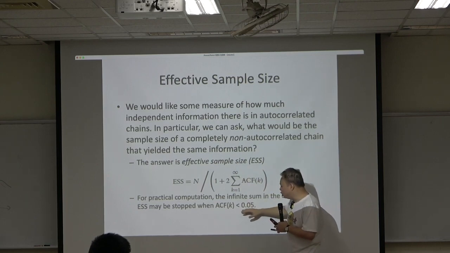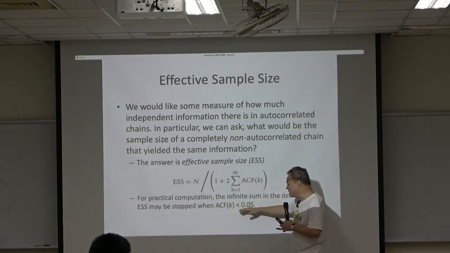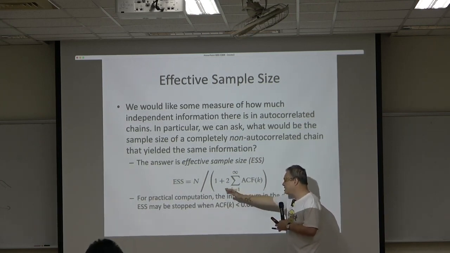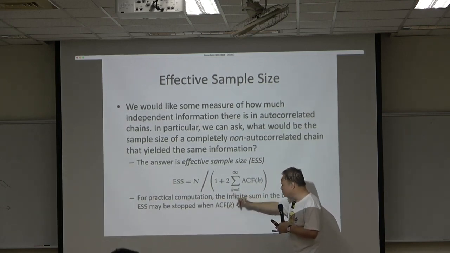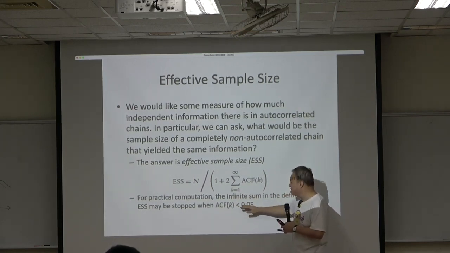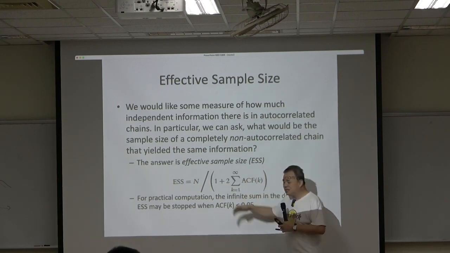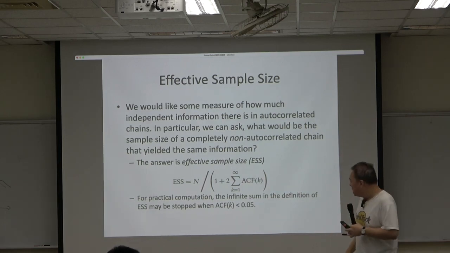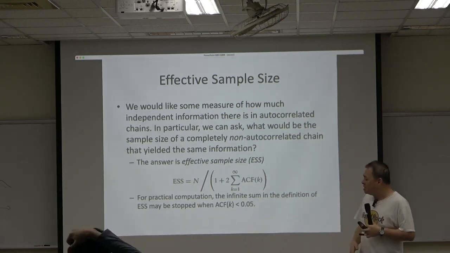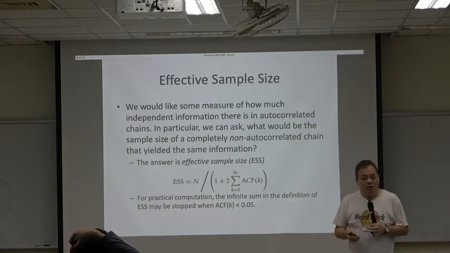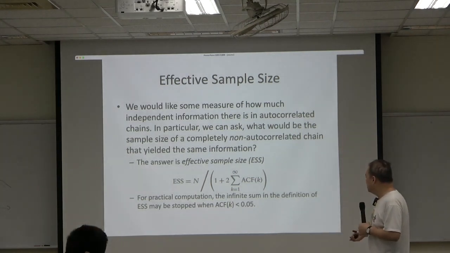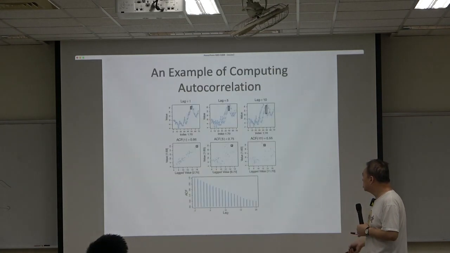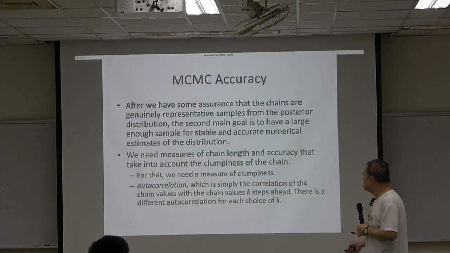Adding from k equals 1 to the k value that makes ACF(k) smaller than 0.05 should be representative enough for you to calculate this ESS. Okay, so come back to this one.